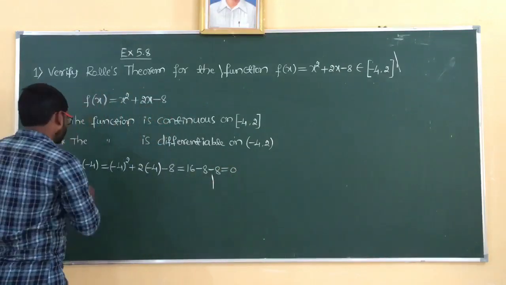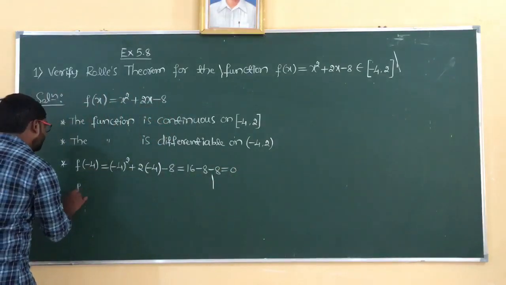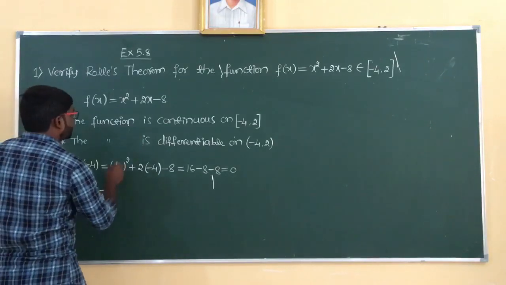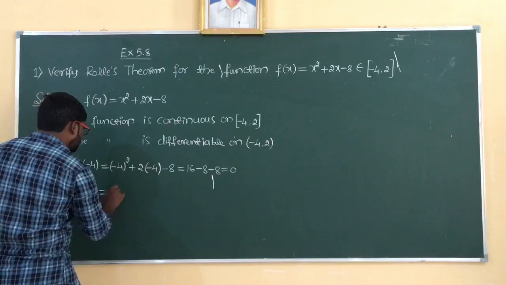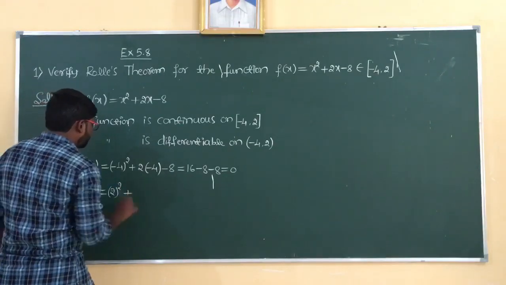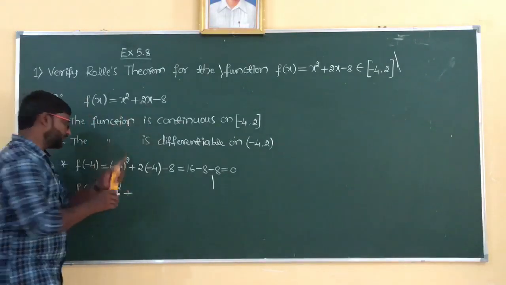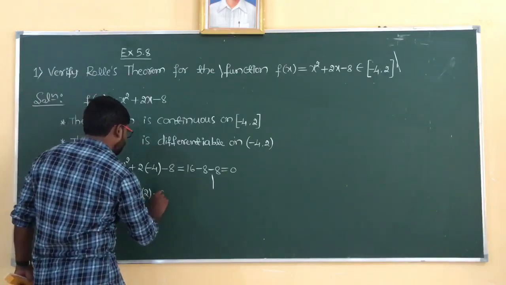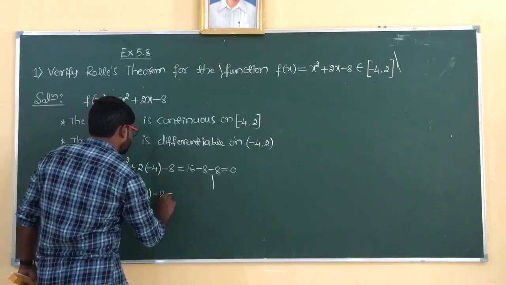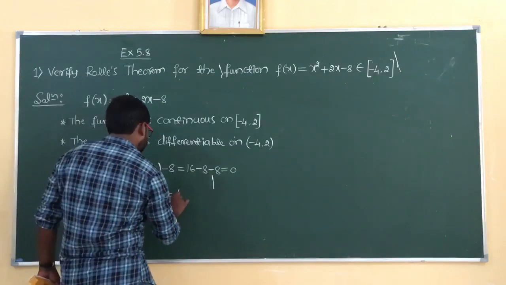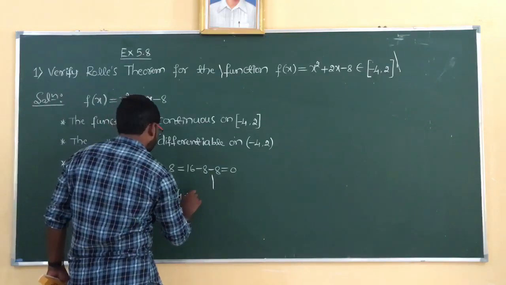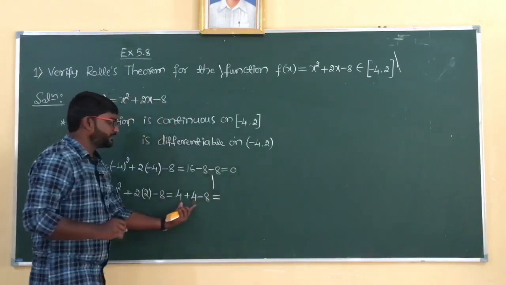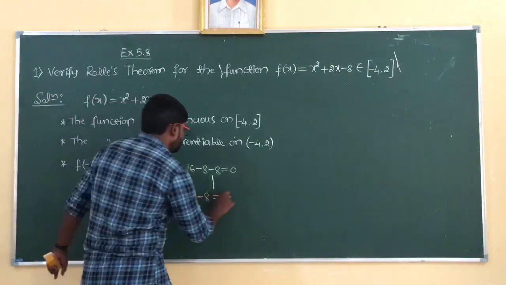Now I will go for f of b, that is f of 2, which equals 2 square plus 2 into 2 minus 8. 2 square is 4, plus 2 into 2 is 4, then minus 8. So 4 plus 4 is 8, 8 minus 8 gives us 0.